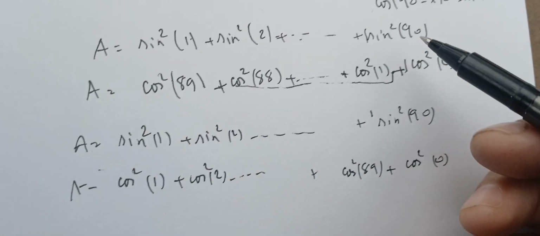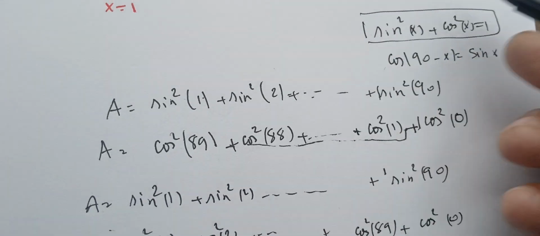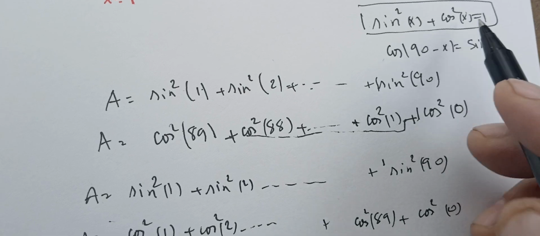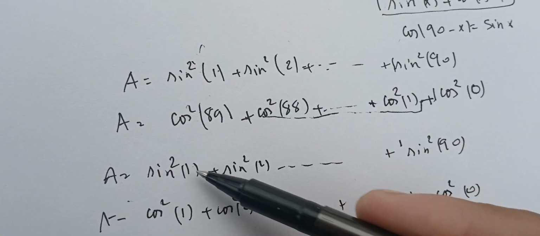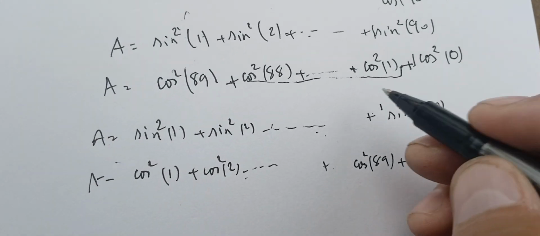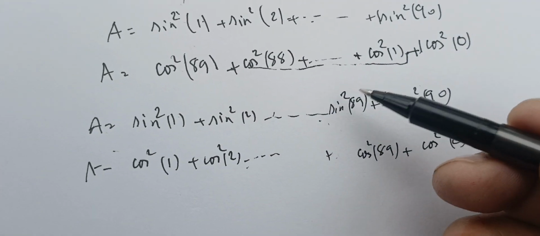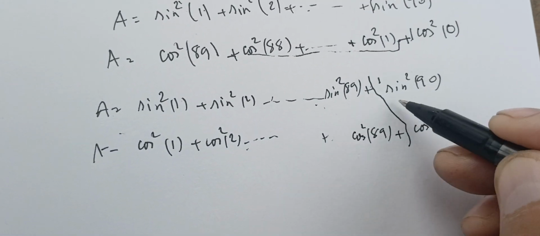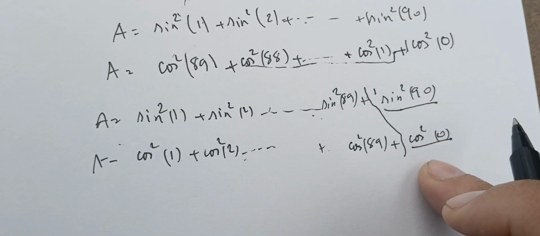Now we can use this rule comfortably without worrying about anything, because I have the same x. Before, I didn't have the same x. Now I have the same angles: 1, 2, 3, and so on, up to sine squared of 89. I'll keep the 90 and 0 terms until the end.